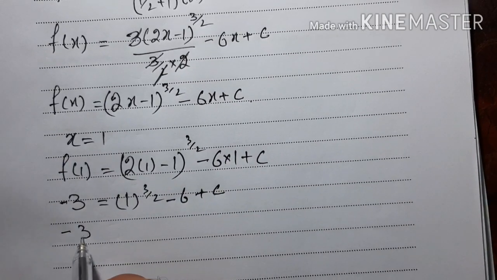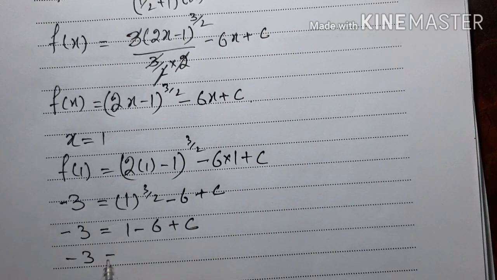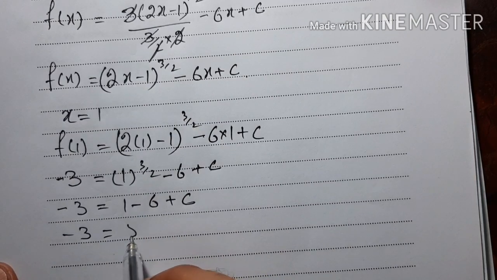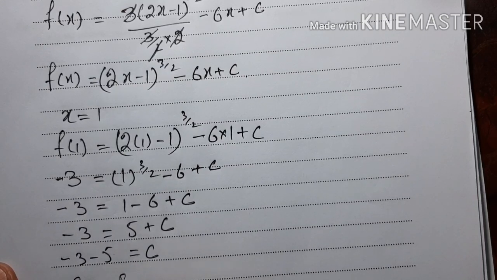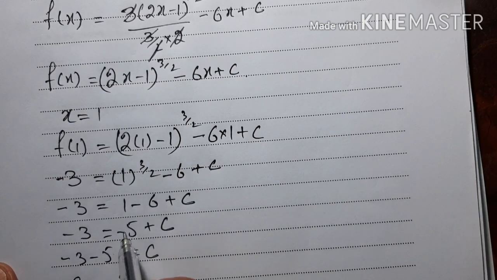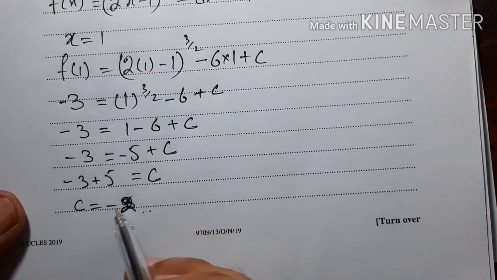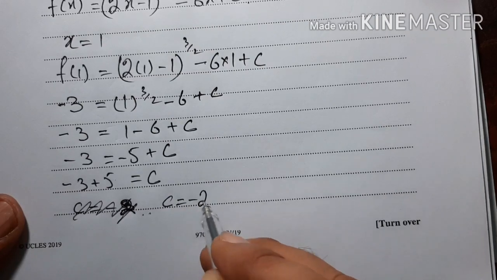So minus 3 is equal to 1 minus 6 plus c. Minus 3 is equal to minus 5 plus c. Minus 3 plus 5 is equal to c. So c is equal to 2. Wait, this is minus 5, this is plus. So c is equal to minus 2.